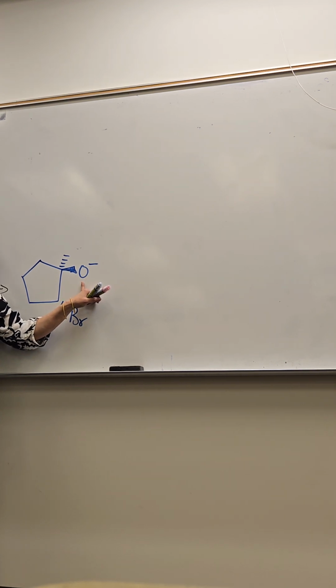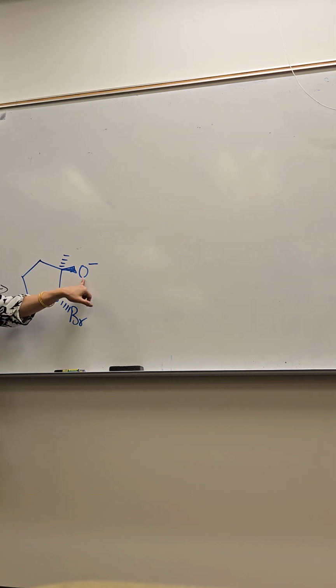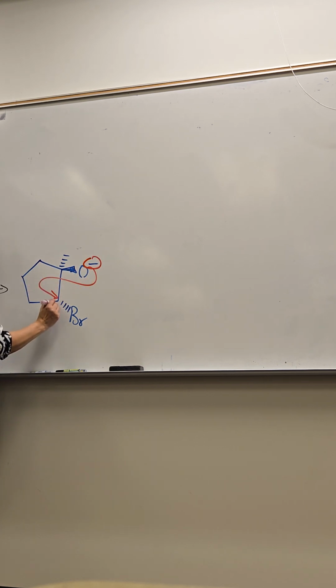Electron rich. Electron rich things will react as either a base or a nucleophile. Can it act as a nucleophile? Is there a leaving group? Yes, absolutely. It's an intramolecular SN2, within itself.